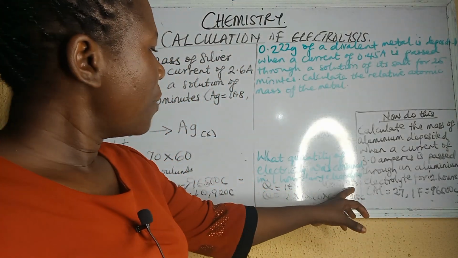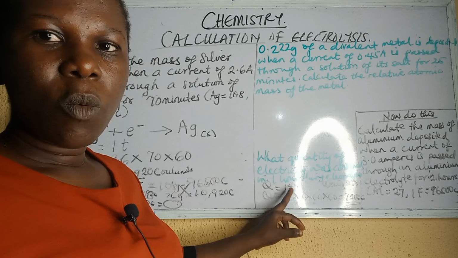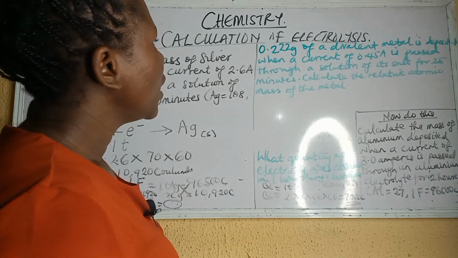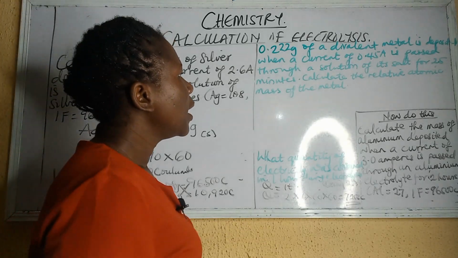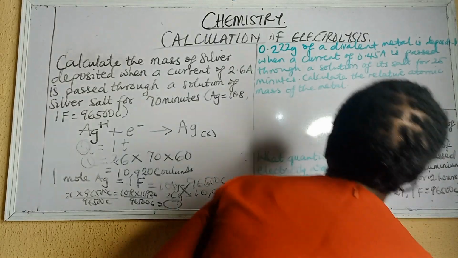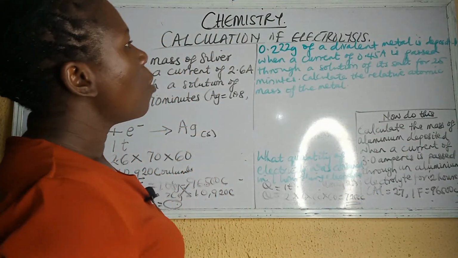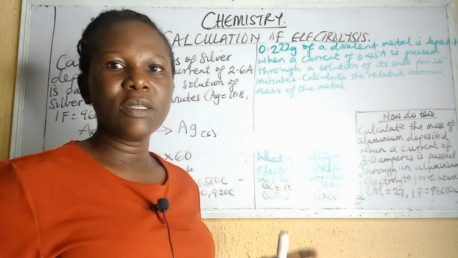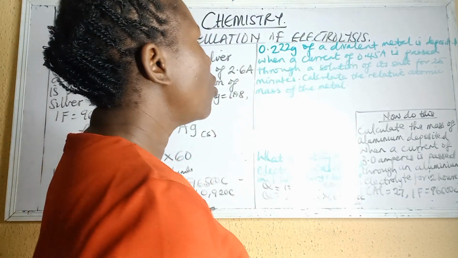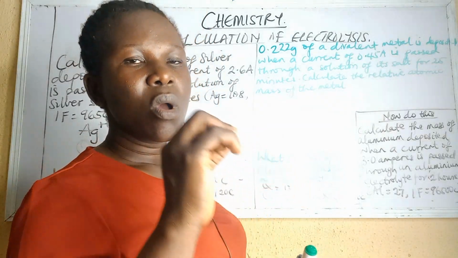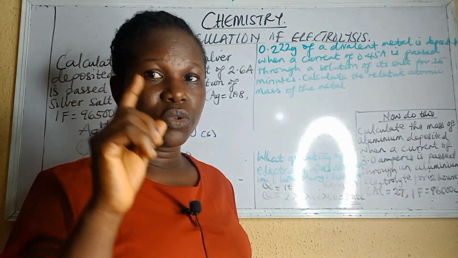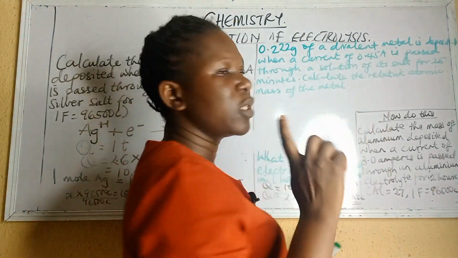Now, because ampere here is for I, while T is time, let's look at another question. 0.22 gram of a divalent metal. In this case, the metal was not mentioned, but divalent means that it has a charge of 2 plus on top. Because it's a metal, it is positively charged.